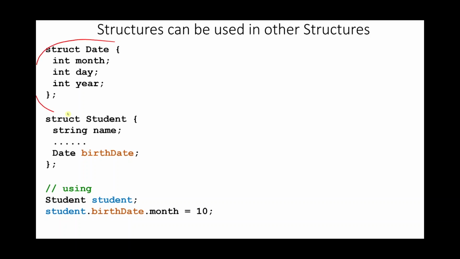Okay, so structures also can be used within another structure. If we created a structure, date, that has the month, the day, and the year, and we have a student, we're going to have the student birth date of type date, which is this structure. One thing that you have to be aware of in Visual Studio is that whenever you use a structure, it must be above the structure you're defining it in.